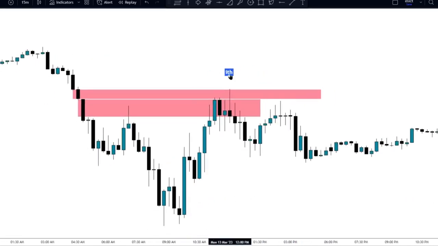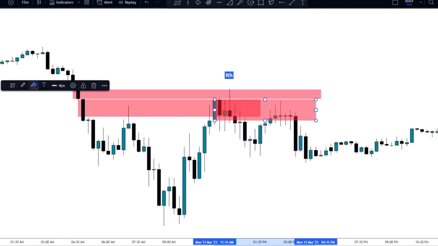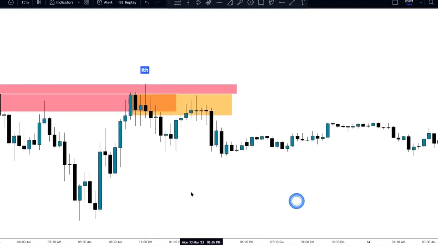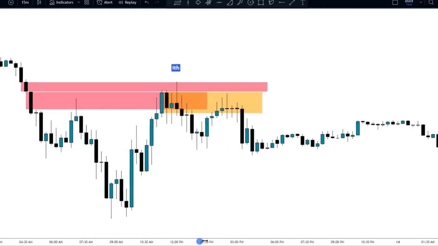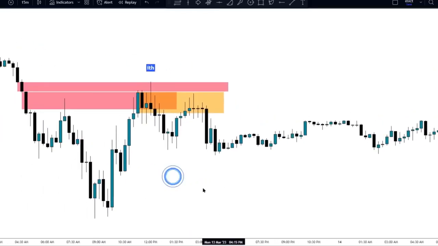So now that we have our ITH here, last up close candle is the ITOB, which will be right there. And you get a dip into it and the rejection. And on a 15-minute time frame, this is 50 points. So I mean 50 times 50, you do the math.